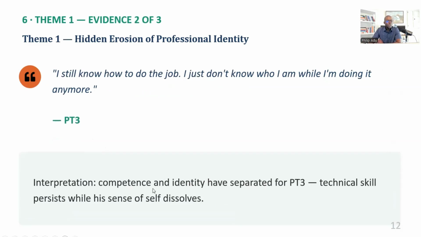And then you can also go ahead and provide the second evidence, right? And then you can provide your interpretation. Sometimes, as you are providing your interpretation, you can link the first quotation to the second quotation, right? So that there's a flow of information, so that there will not be isolation.